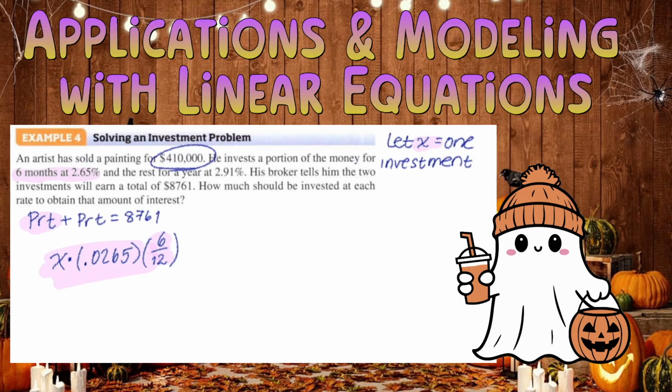Next, I will do the rest for a year at 2.91. I'm going to set that part up over here. So we will have plus, okay, what is that other one? Well, that's going to be 410,000 minus X. That's what's left, right?